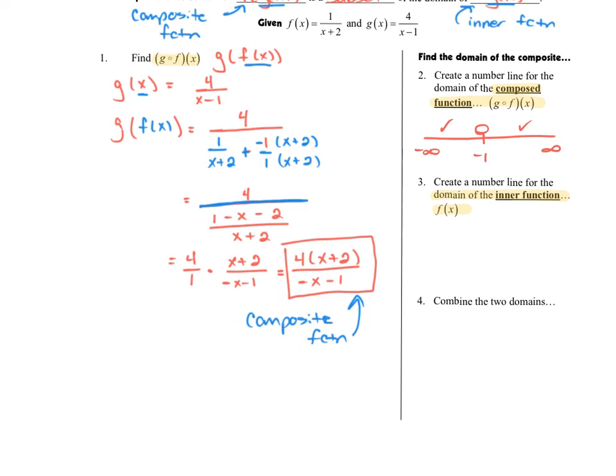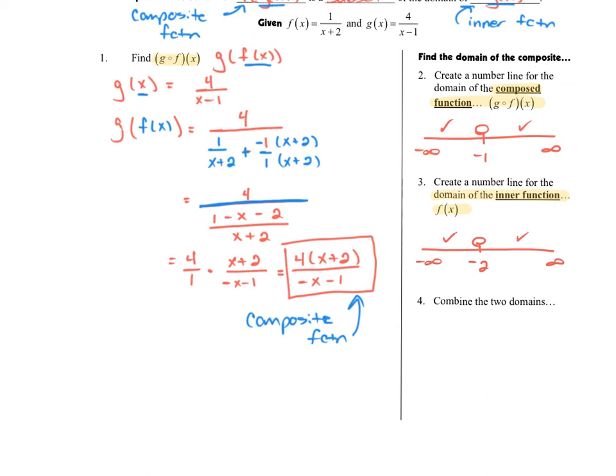So we're going to go back to our original problem, and we're going to look for any domain restrictions we would have on the f of x function. And of course, again, we have this fraction. The denominator here would become 0 at a negative 2, so I'm going to put that on my number line. Of course, everything else is going to work just fine.